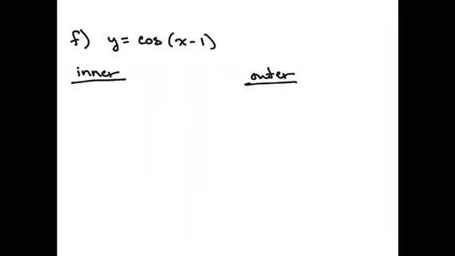Okay, y equals cosine of x minus 1. My inner function then would be x minus 1. Its derivative would just be 1, and my outer function would just be cosine of u.